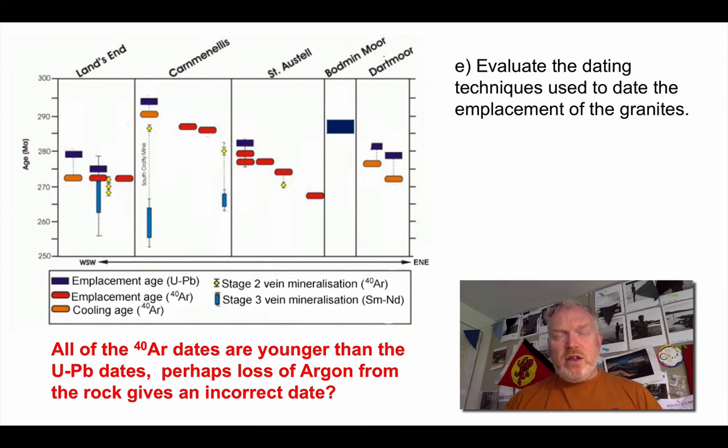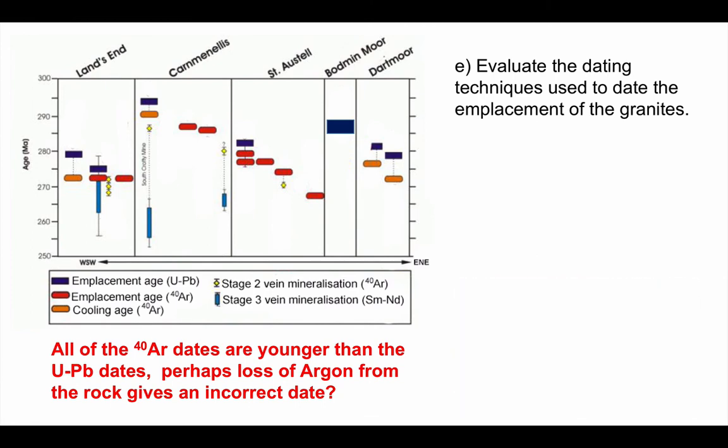If that gas is lost, it inevitably will increase the proportion of parent atom and make the rock seem younger than it actually is. You know, clearly this isn't a random pattern of error. Clearly there's a systematic change. With uranium-lead, the chances of lead escaping from a crystal lattice are much, much lower than it is for argon.